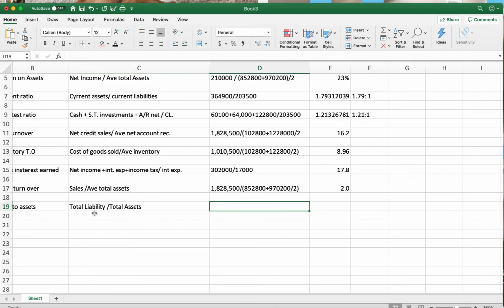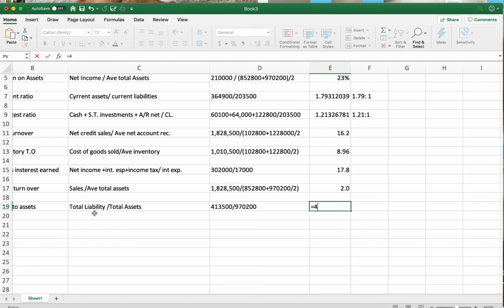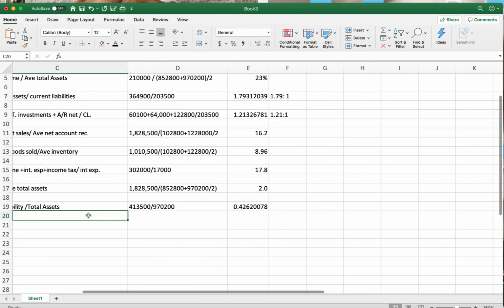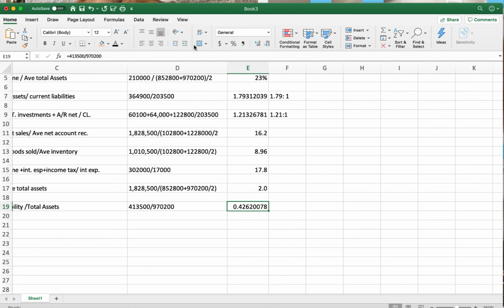So we're going to take $413,500, which are the total liabilities for 2017, and we're going to divide by the total assets for 2017, which is $970,200. We run the numbers. We get 42.6%. Okay. So that is ratio analysis.